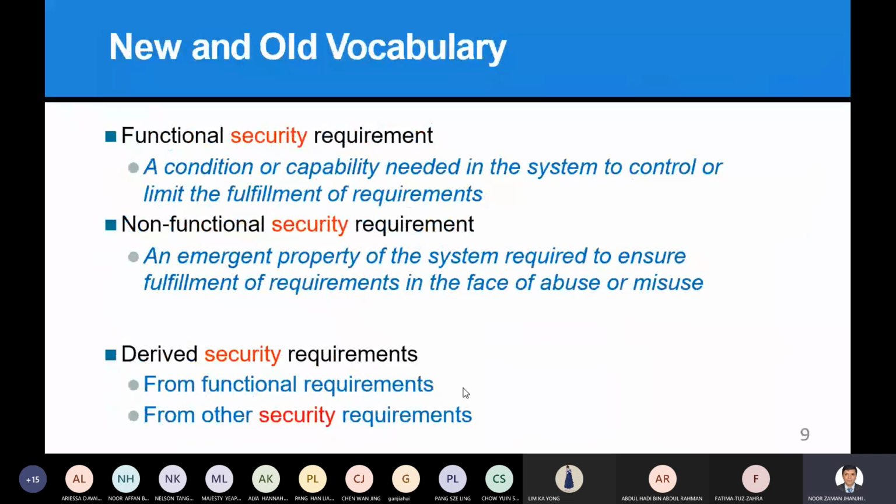Now, these are a few more things from the new and old vocabularies, the old concepts and new concepts. In the world of computers and technology, the definitions keep changing. So don't consider that these things remain always the same, because the world is changing. For example, security changed the moment we jumped to the wireless environment.